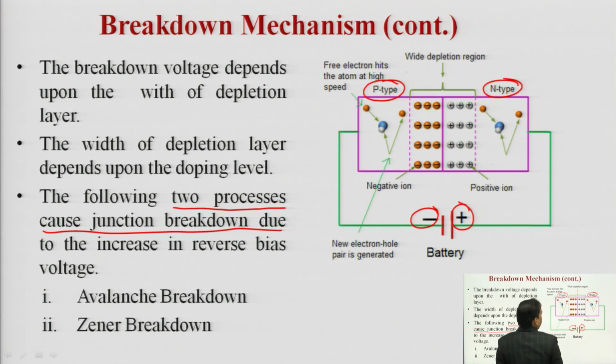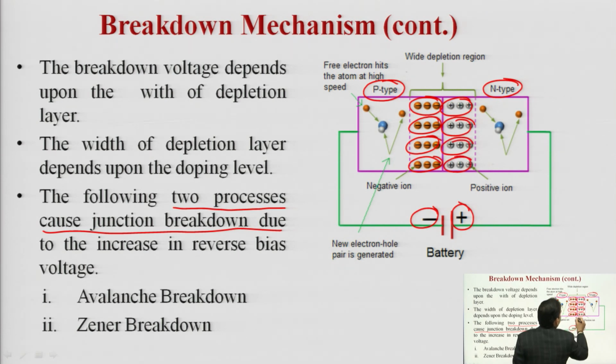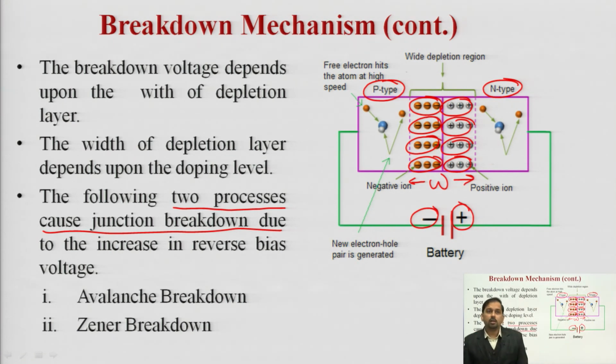Due to this there is a formation of ions also. These are negative ions and these are positive ions, and this whole region is called the depletion region, where let us say W is the width of the depletion region. As we increase the doping profile, the width of the depletion region reduces.